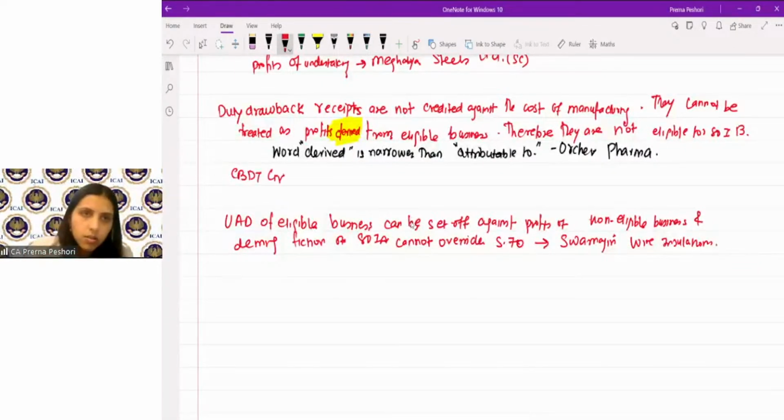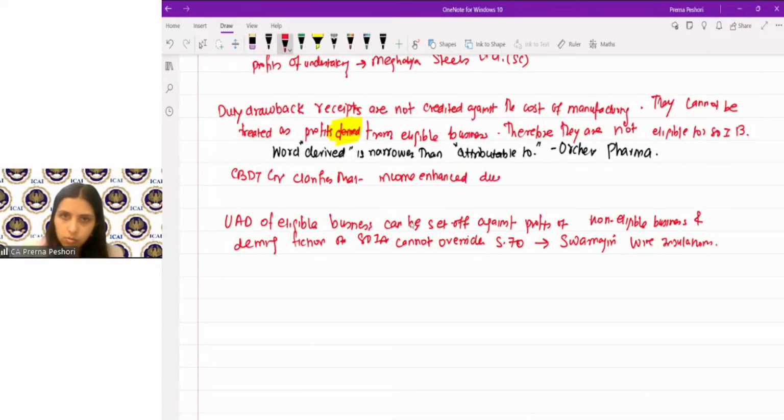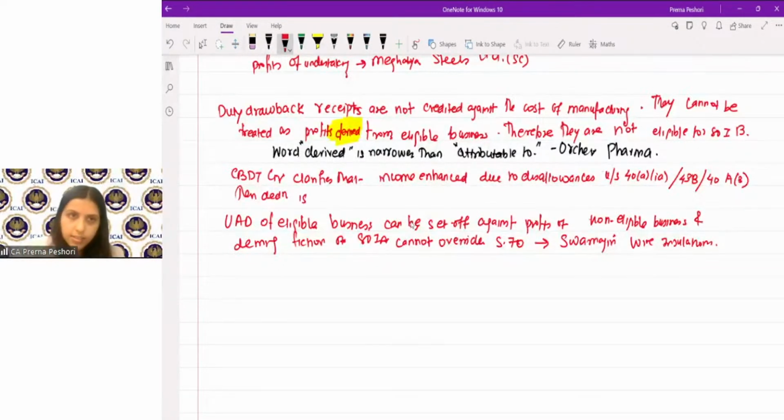CBDT circular clarifies that income enhanced due to disallowances under section 40A(ia), 43B, 40A(3), then deduction is admissible on enhanced profits. Deduction is admissible on enhanced profits.